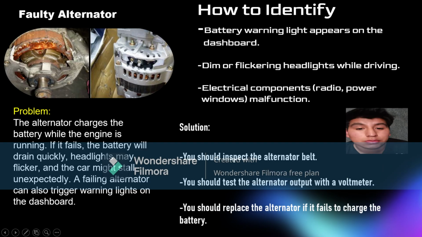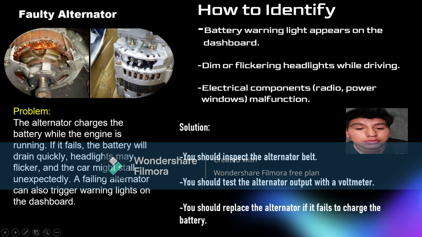Faulty alternator. Problem. The alternator charges the battery while the engine is running. If it fails, the battery will drain, and the car may stall unexpectedly. A failing alternator can cause warning lights on the dashboard.